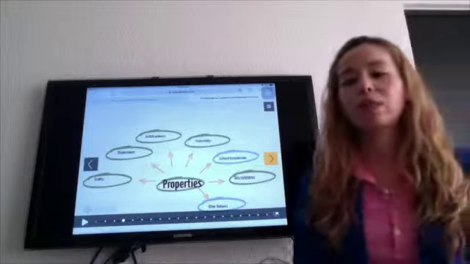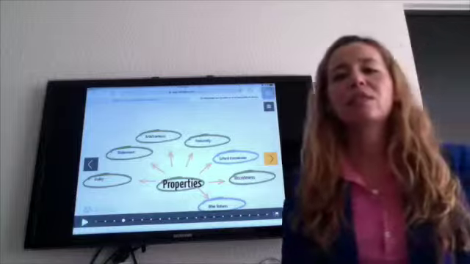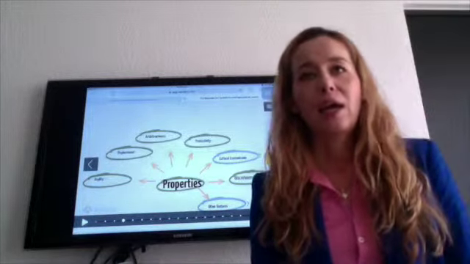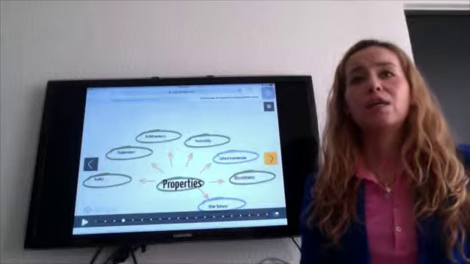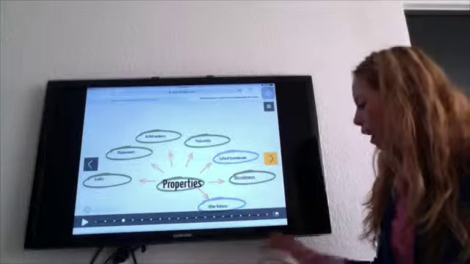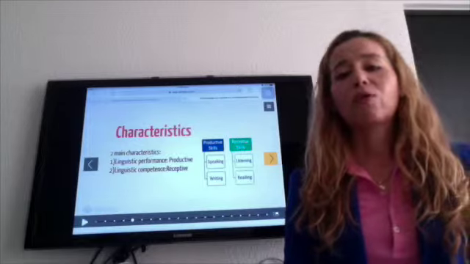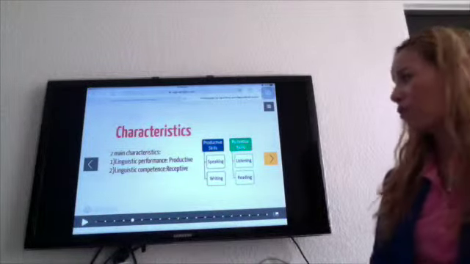Cultural transmission, when the language is passed from generation to generation. Discreteness, which is related to the sound of the words, and other features like vocal auditory channel, reciprocity, specialization, rapid fade, non-directionality.